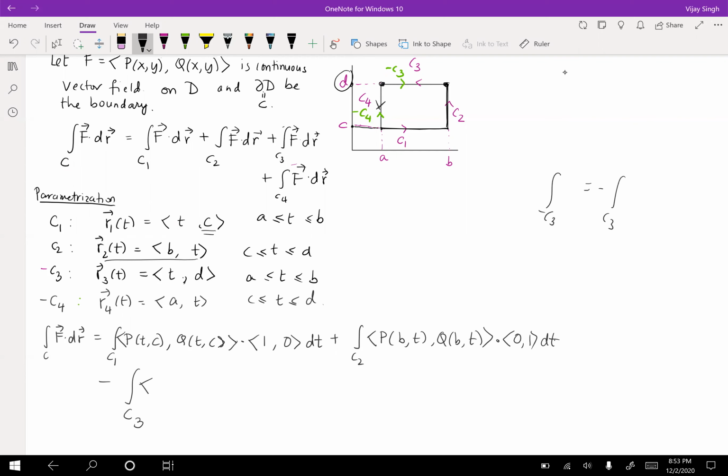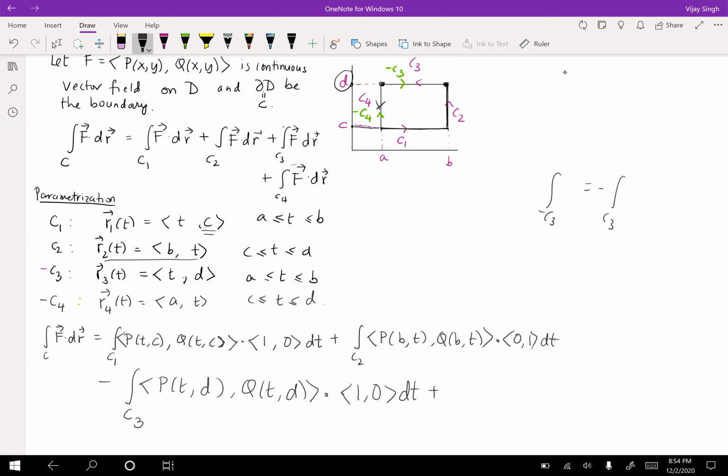Again, in C3, we have the parameterization as follows. Instead of X, I have T. Instead of Y, I have D. And dr3 of T is going to be (1, 0) dt.